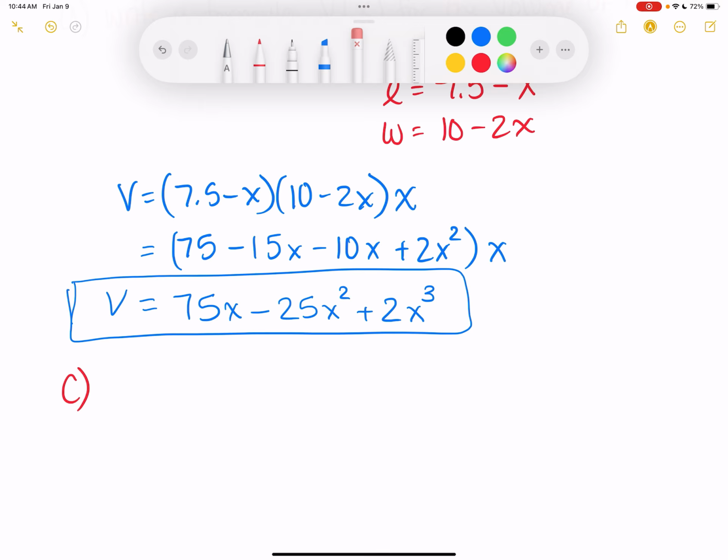It said find the max volume. Yes. Okay. Let me write that. And then it also says the value of x that gives it.